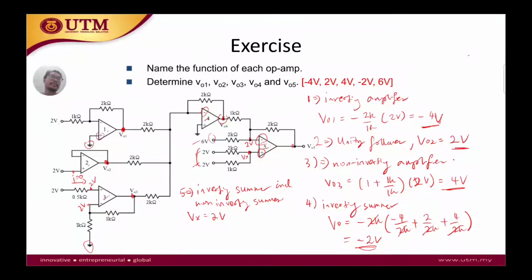So now it becomes an inverting summer. If you do the analysis, 2 minus Vout over 2K, which is the current here, is going to be the sum of these two currents together.